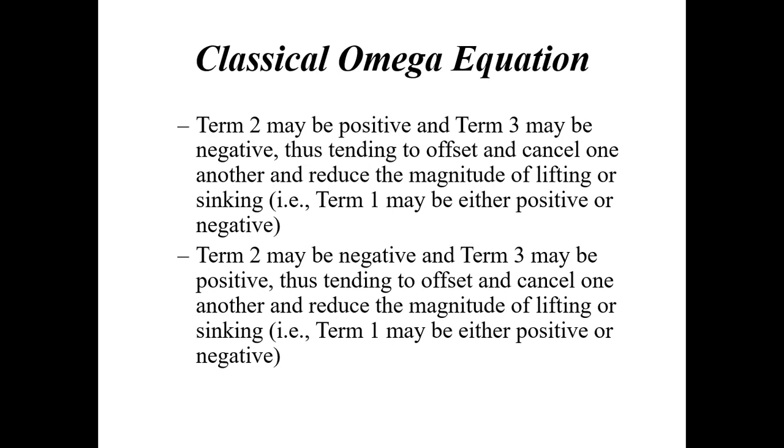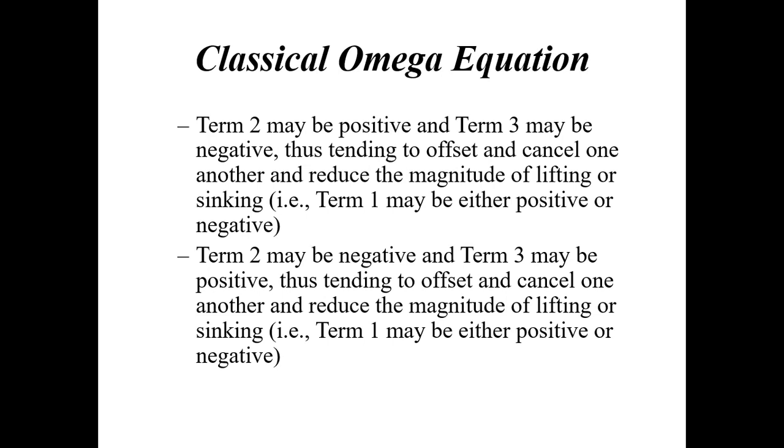Now, term 2, your vorticity advection, may be negative, and term 3, the temperature advection, may be positive. This will tend to offset and cancel one another as well, and again reduce the magnitude of lifting or sinking of the air motion. Term 1, vertical motion, in that case may be either positive or negative.